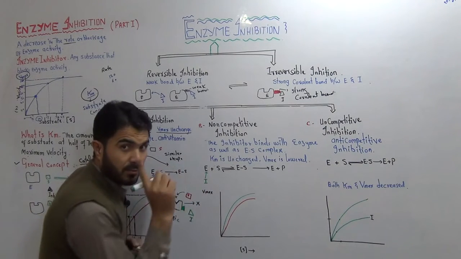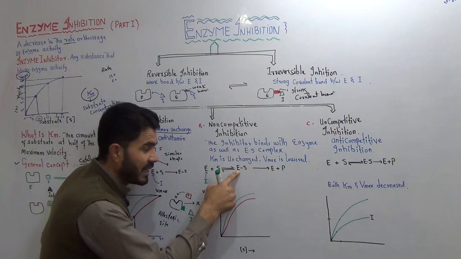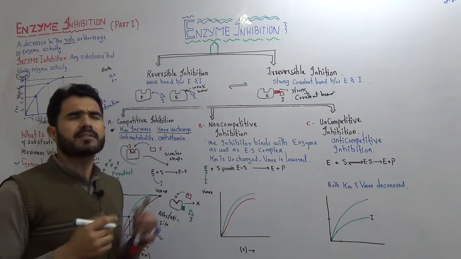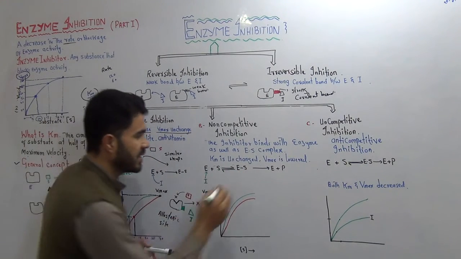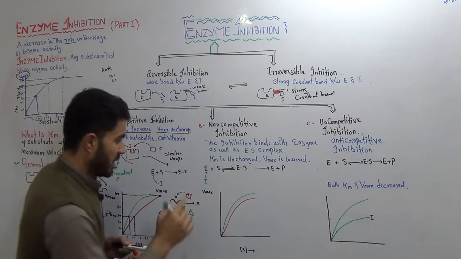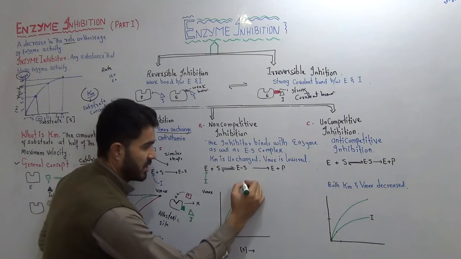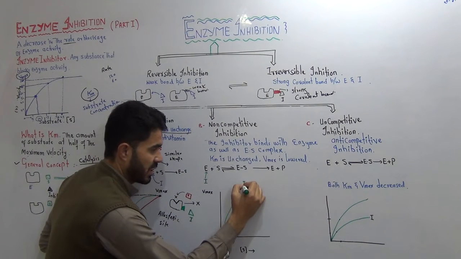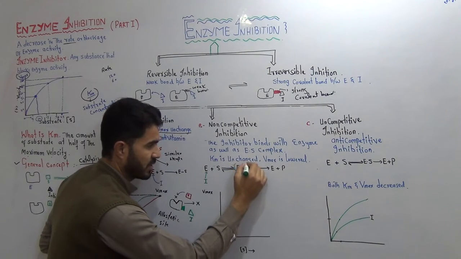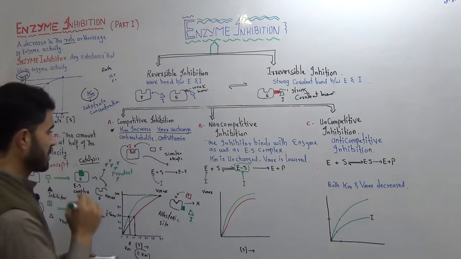And most important thing, let's suppose the enzyme is already attached with the substrate, active site is closed. This is so dangerous. This inhibitor can also attach itself to the enzyme substrate complex. You know very well what is enzyme substrate complex.